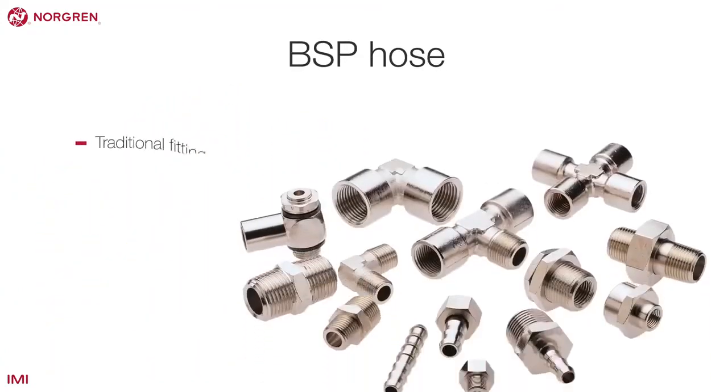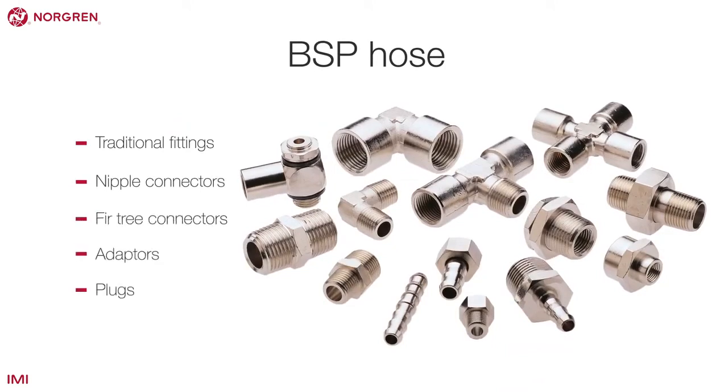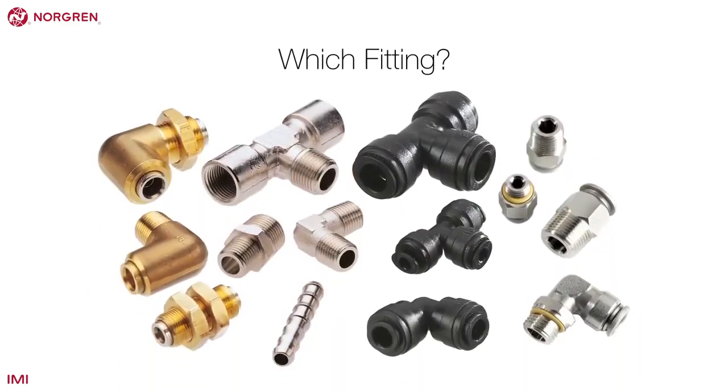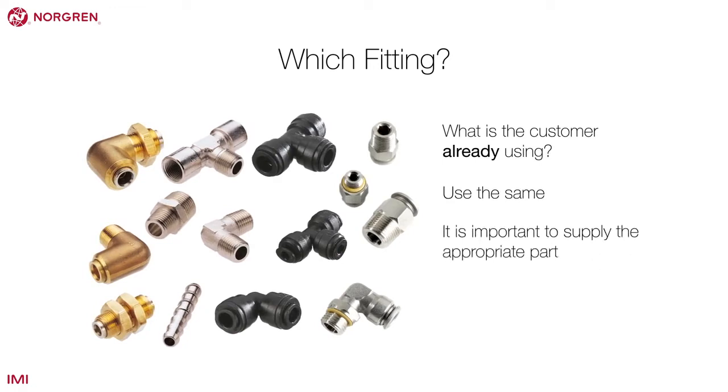And BSP hose are traditional fittings, including nipple connectors, fir tree connectors, adapters, plugs, etc. With so many possibilities, what is the best way to go about choosing a fitting? A good place to start is to look at what the customer is already using and use the same. It's important to look at the application and supply the appropriate part, but consider the customer's preference too.